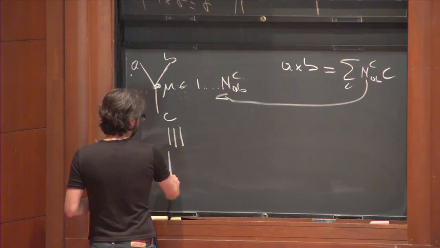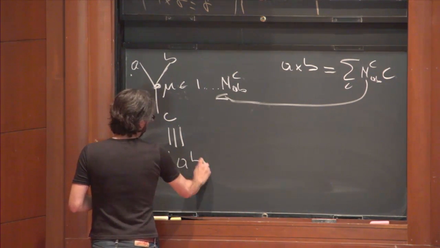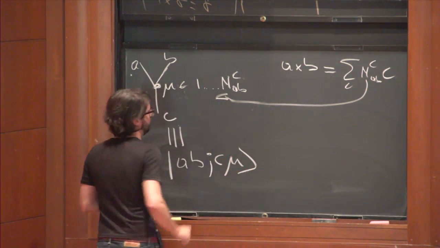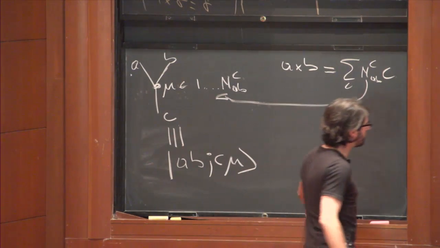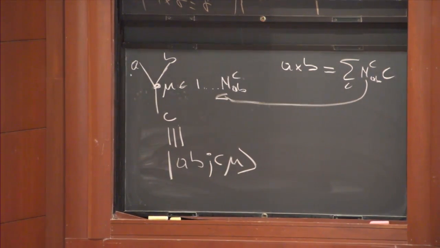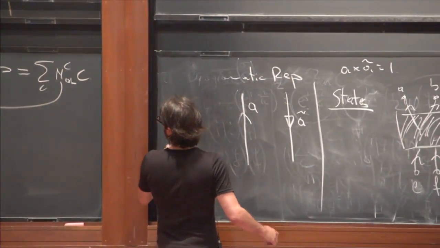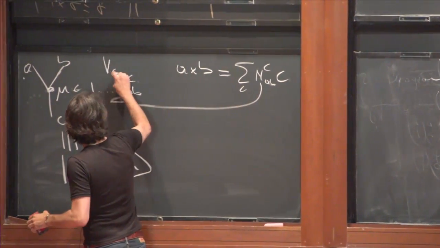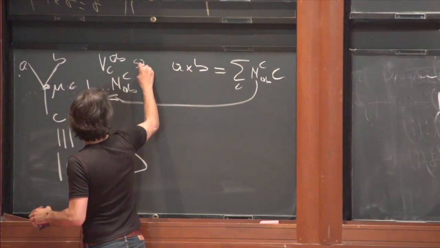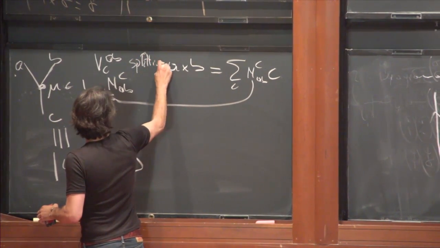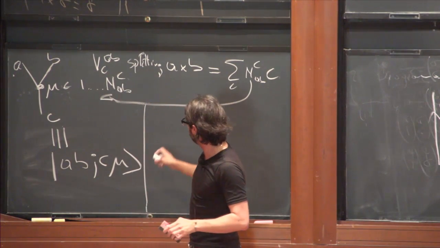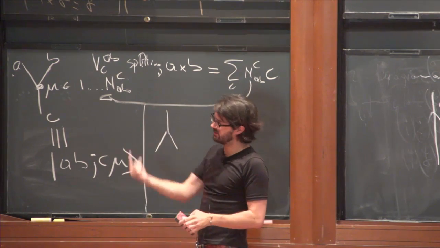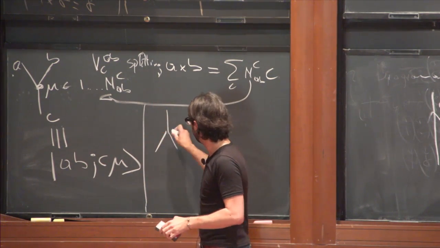So I'm going to identify this with a ket, say A, B going to C. There's more than one state, and that's indexed by mu. Okay? Alternatively, this is called V_C^AB. It's a splitting space. So now I'm going to define a fusion space in which particles A and B, when I don't draw lines, just the arrows, just assume them all up.